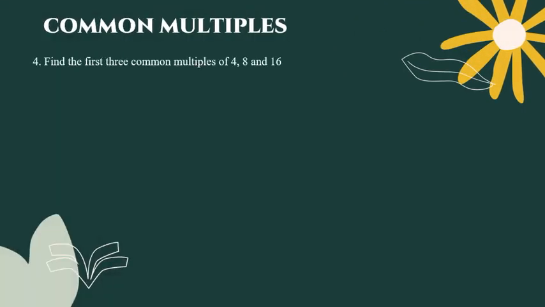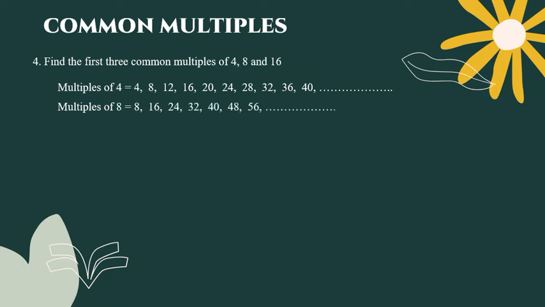Find the first three common multiples of 4, 8 and 16. First step, you list the multiples of 4, and then the multiples of 8, and the multiples of 16. Next, you find the same common multiple.